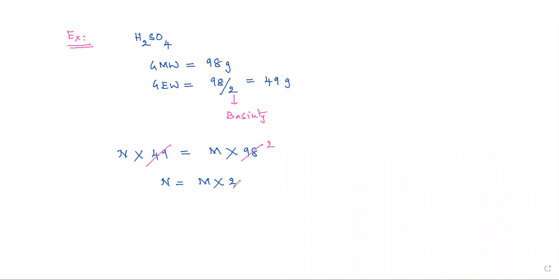Now this 2, of course, is the basicity, right? So in case of acids like sulfuric acid, any acid, normality is equal to molarity multiplied by basicity, right?